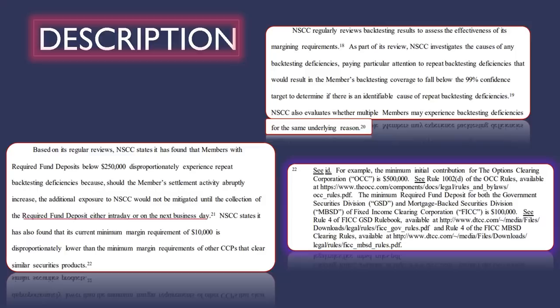NSCC also evaluates whether multiple members may experience backtesting deficiencies for the same underlying reason. Supernote 22 says, for example, that the initial contribution for the OCC, or the Options Clearing Corporation, is $500,000, and for the FICC, it is $100,000. So for the NSCC to have a $10,000 requirement is very low.